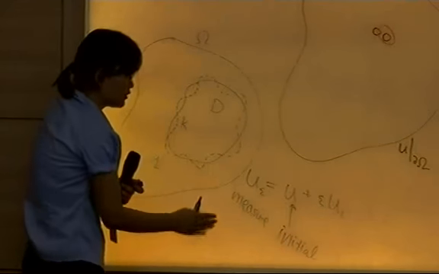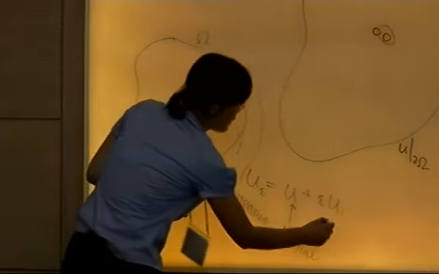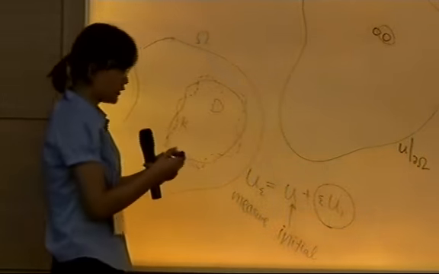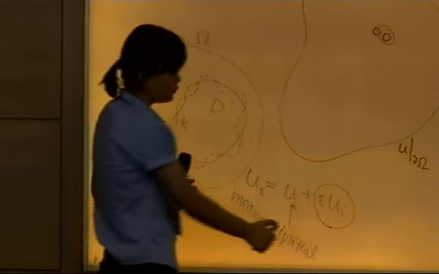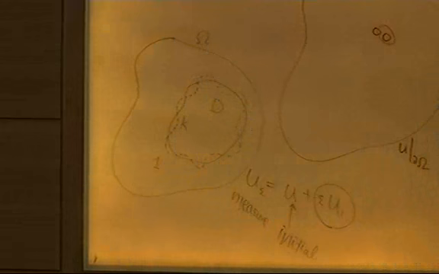So from the measurement you have boundary data for this epsilon times U1. And U1 satisfies these two transmission conditions.